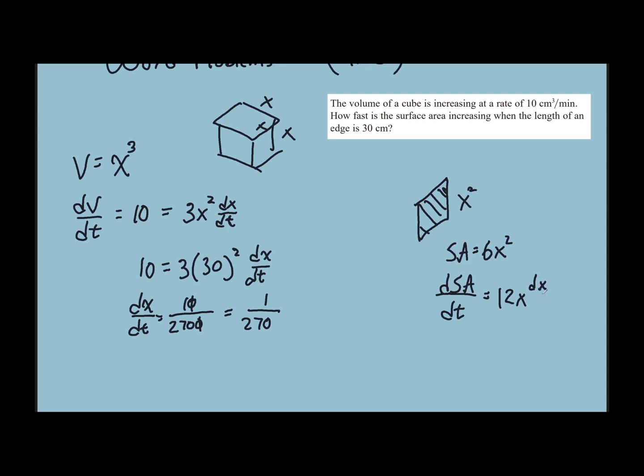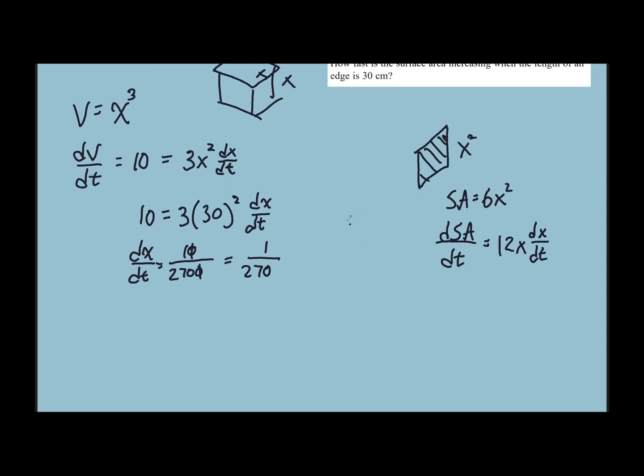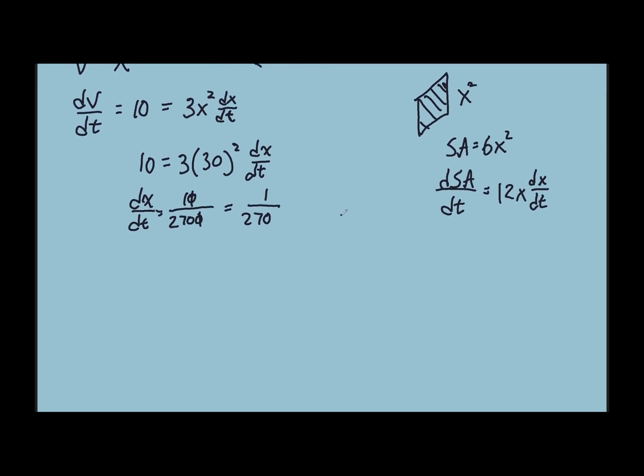I'm going to say dx/dt. And we know dx/dt. And we know x. I think, yeah, they told us. So we should be able to calculate this. The derivative of surface area with respect to t is equal to 12 times the length of the side times 1 over 270.